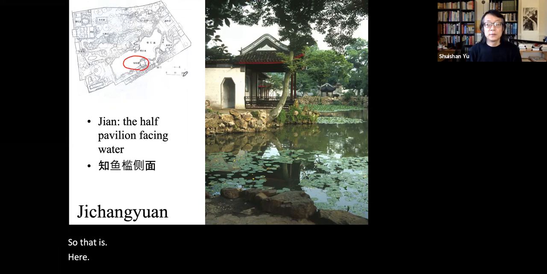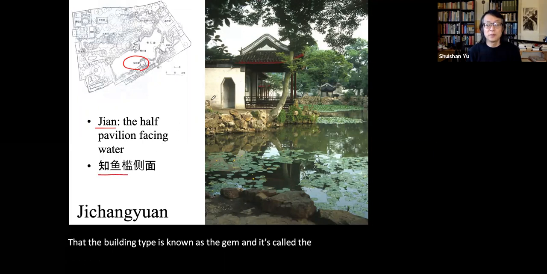That the building type is known as jian, and it's called the 知鱼剑. That is literally the pavilion for knowing the fishes.